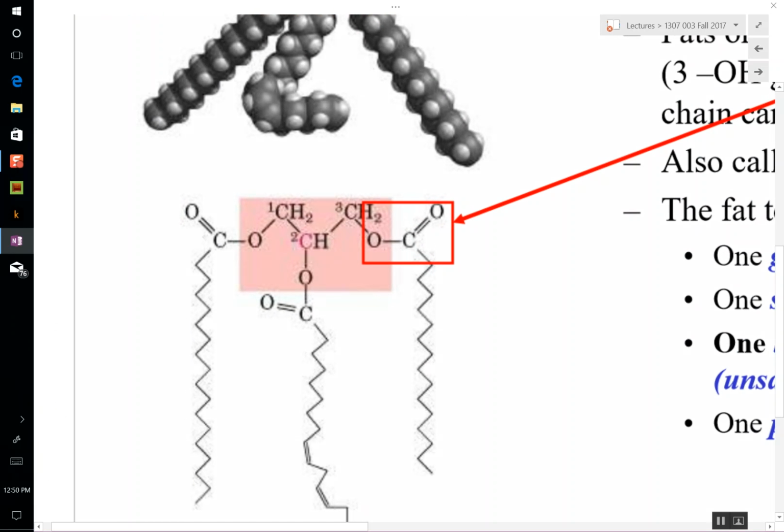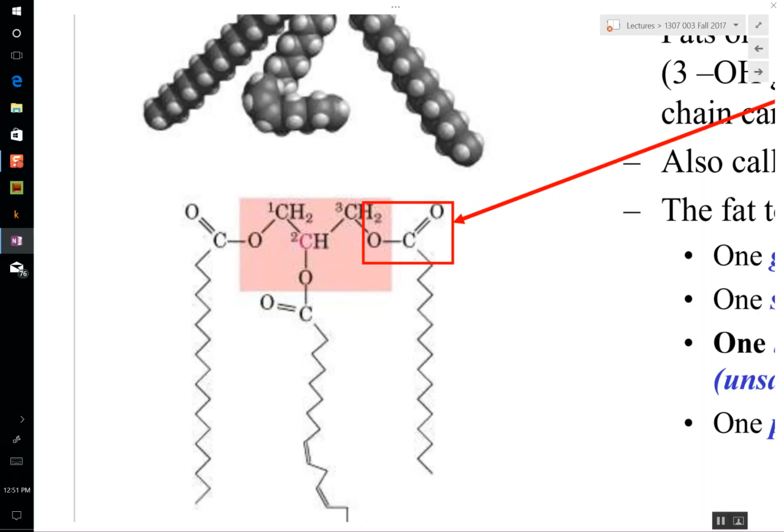Okay, so we've got an ester linkage here, another one right here, and another one here. This isn't the fatty acid portion of it, but this is coming from a fatty acid. If you were to hydrolyze this back off of here, you'd get 3 fatty acids and glycerol.